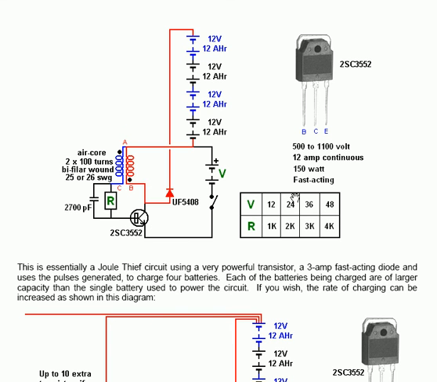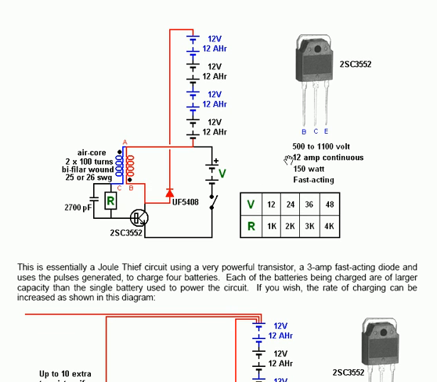It can dissipate 150 watts, provided obviously it has a heatsink, and it's also very fast acting. It's a very well liked professional transistor, that is, a transistor which is favored by professional designers for manufacturers.